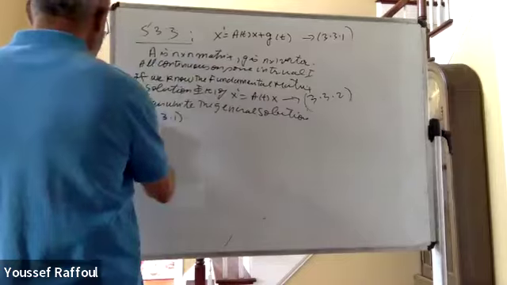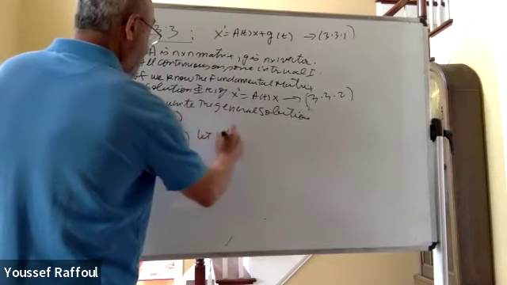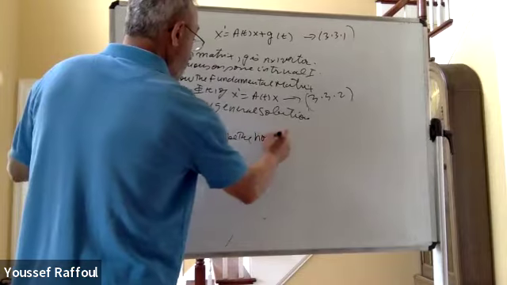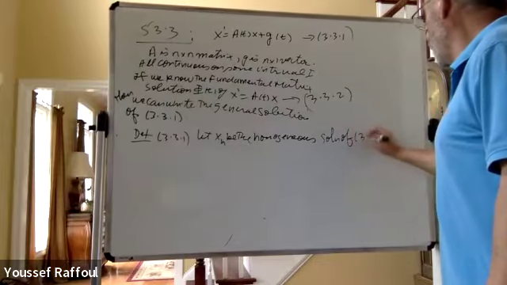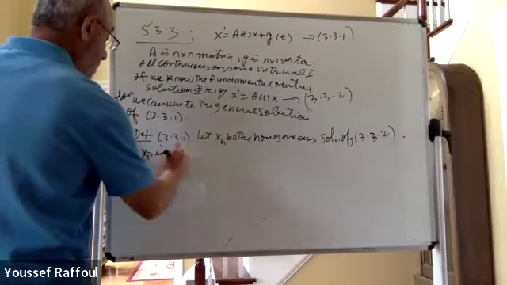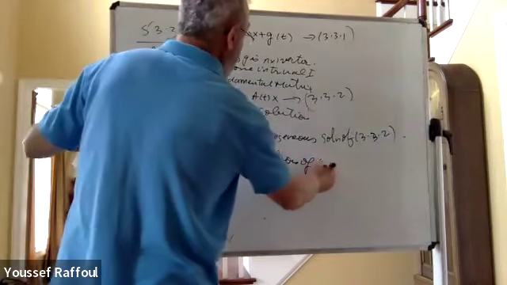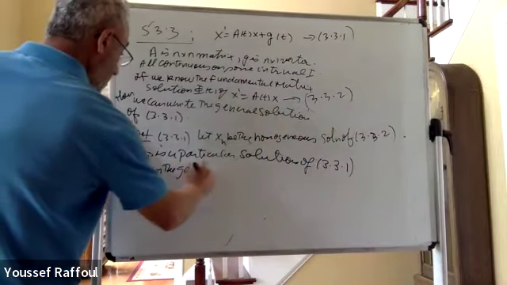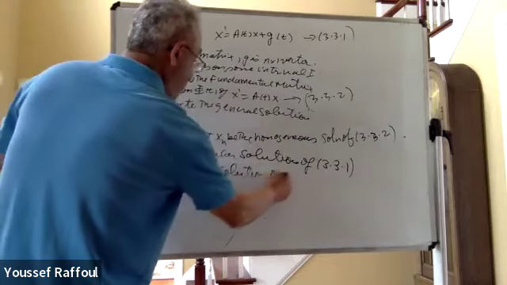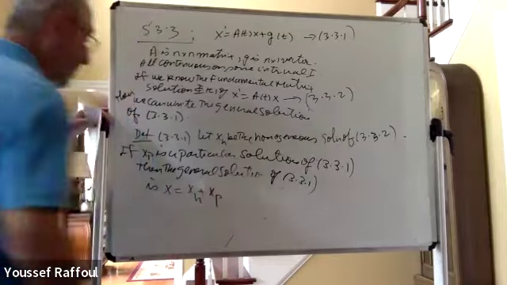All right, so this is definition 3.3.1. Let x_H be the homogeneous solution of 3.3.2. If x_P is a particular solution of 3.3.1, then the general solution of 3.3.1 is x equals x_H plus x_P.